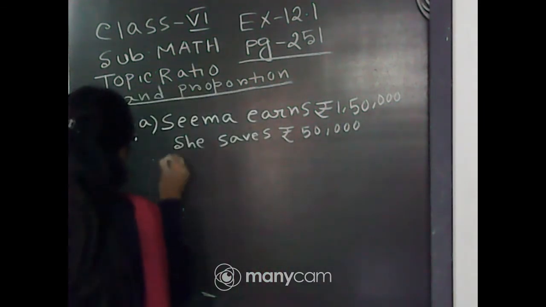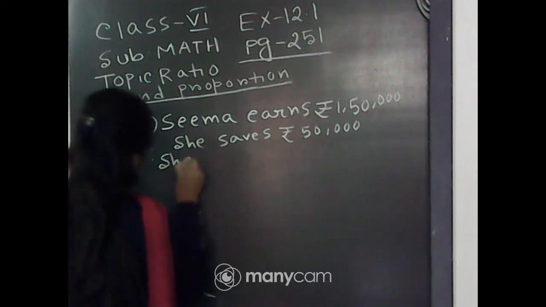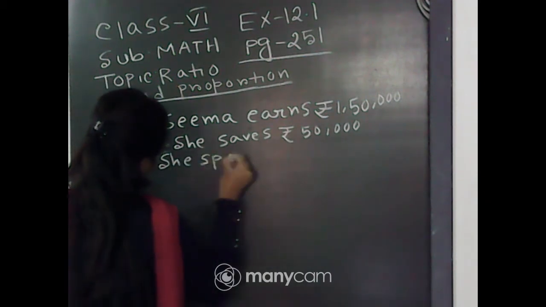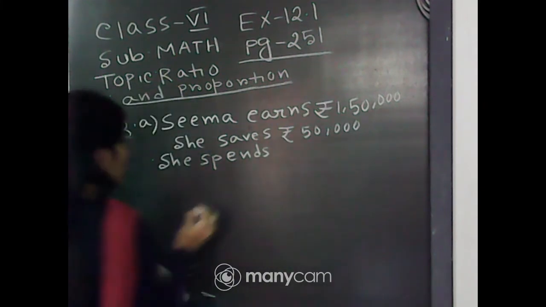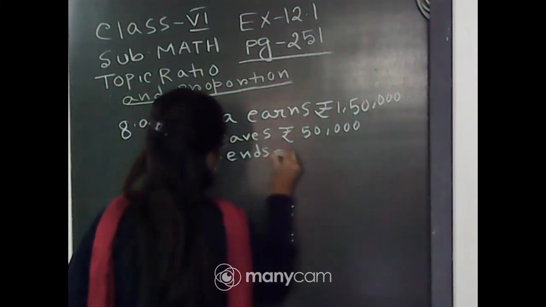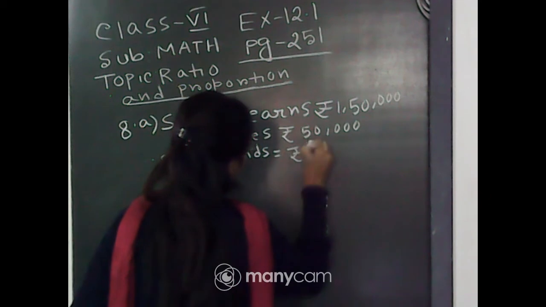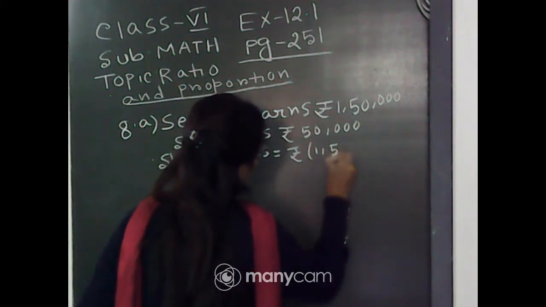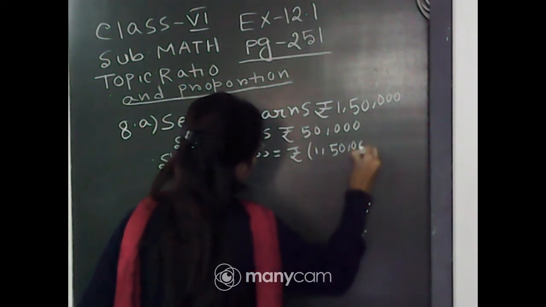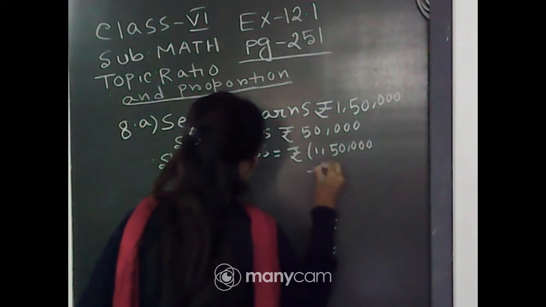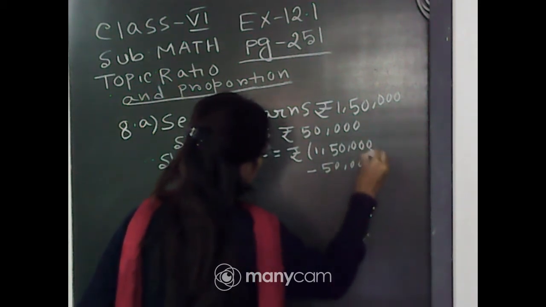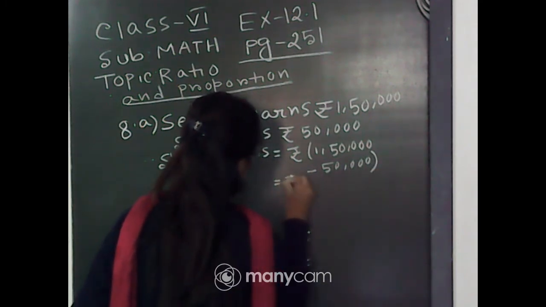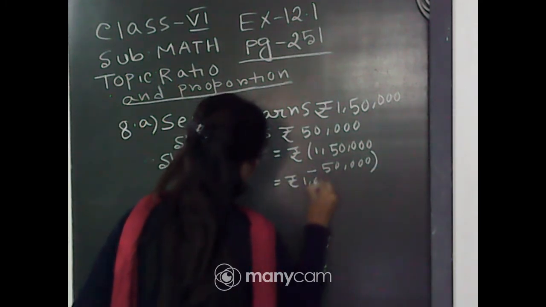Therefore, she spends is equal to rupees 1,50,000 minus rupees 50,000, and this is equal to rupees 1 lakh.